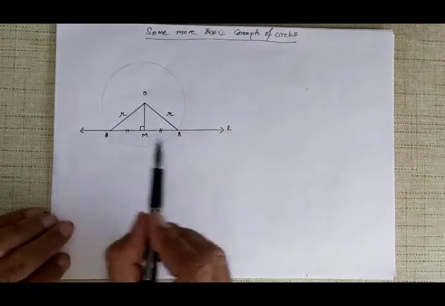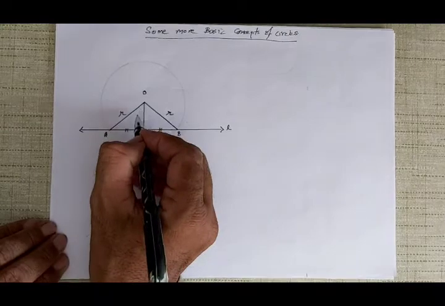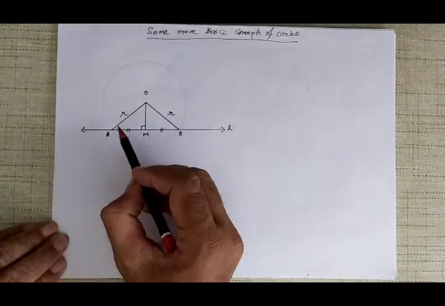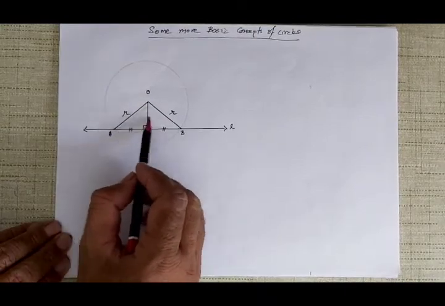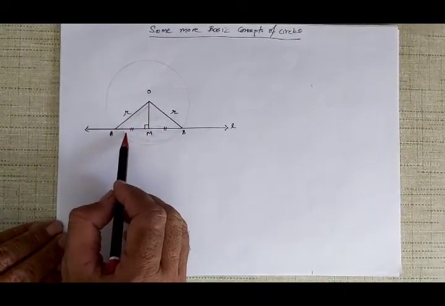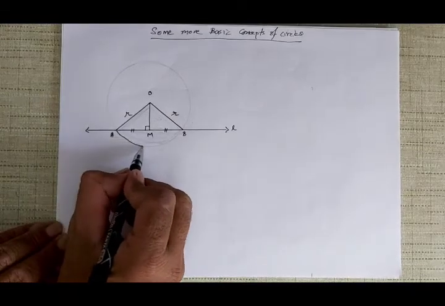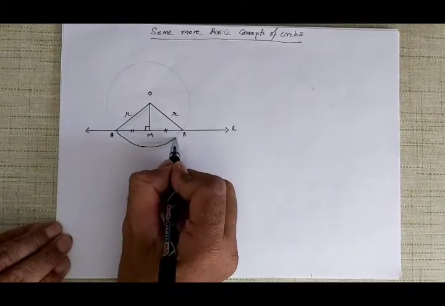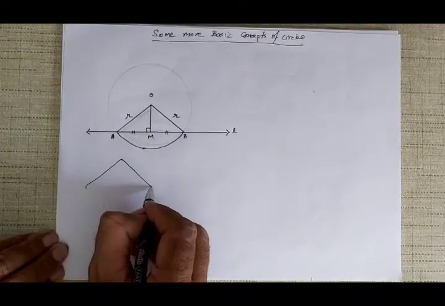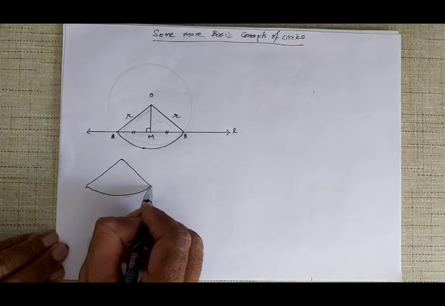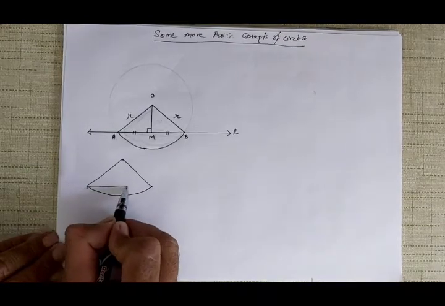I thought most of the students who were in 9th standard must have got an idea of this. But now you must understand this part, I'm going to shade it a little bit. This part, which is shaped like a cone, is called a sector of the circle.